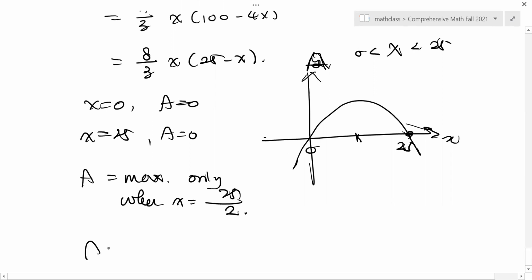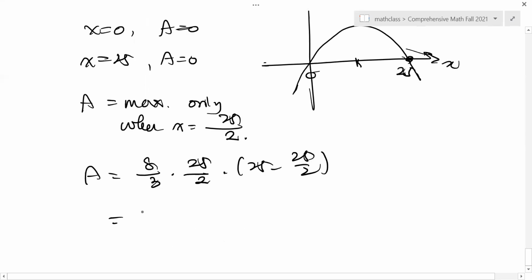So in this case, A is going to be 8 over 3 times 25 over 2 times 25 minus 25 over 2. If you multiply this out, you get 25 over 2 and here 25 over 2. Now I'm going to do the calculation.